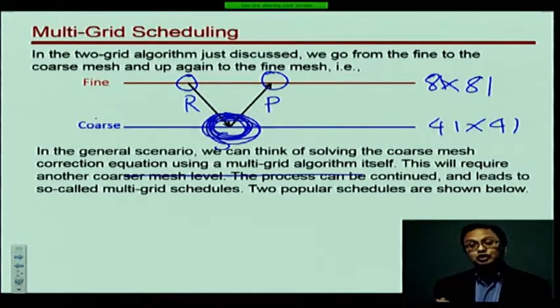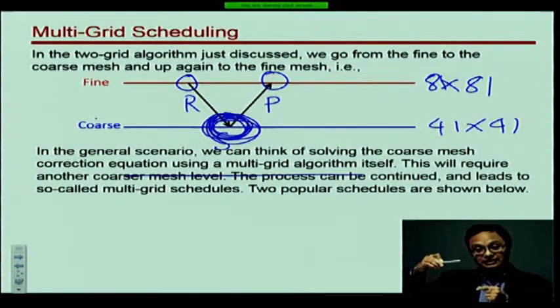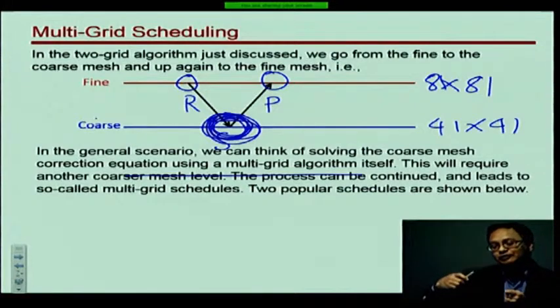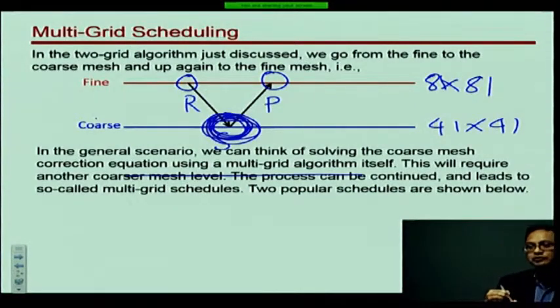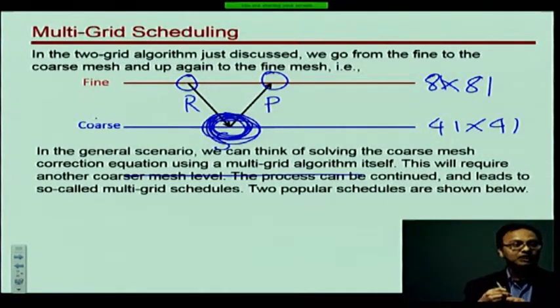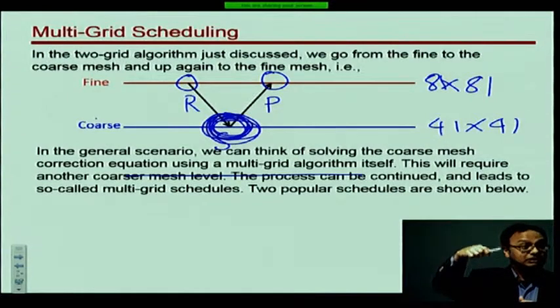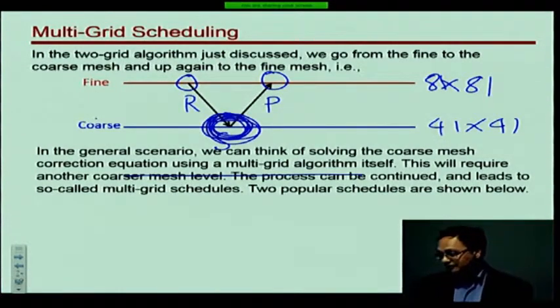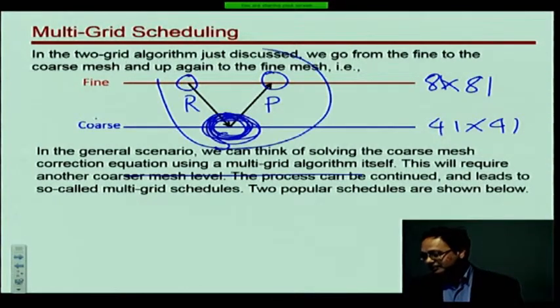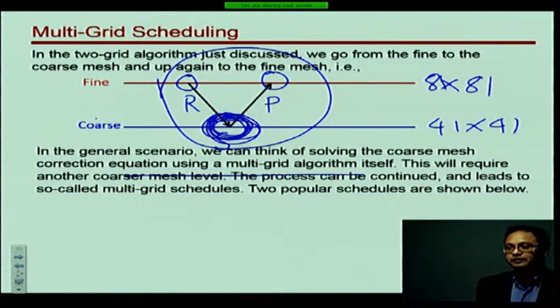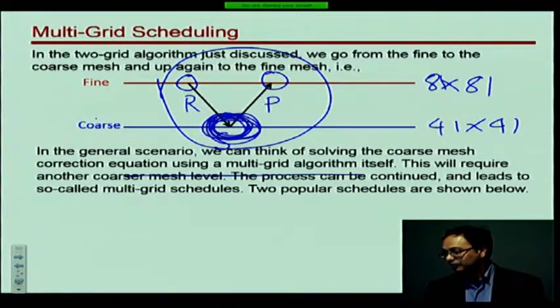If you use MATLAB, you won't be able to do it, but if you're using C or Fortran 95, you can call these subroutines recursively, one within another as a block. It's almost as if this little piece here is one block. So solving this will use another multigrid, solving the next one will use another multigrid, and so on, until you keep going down.